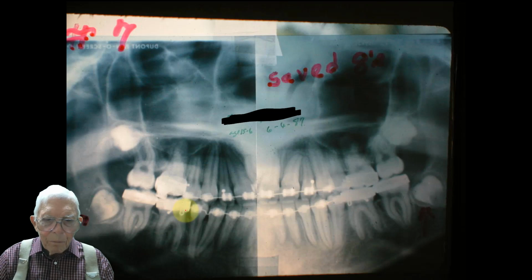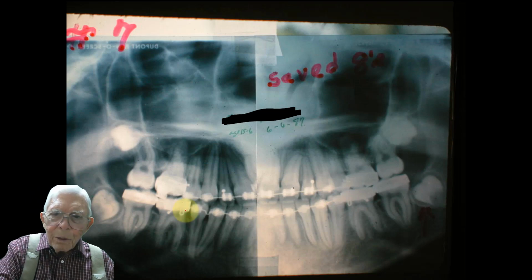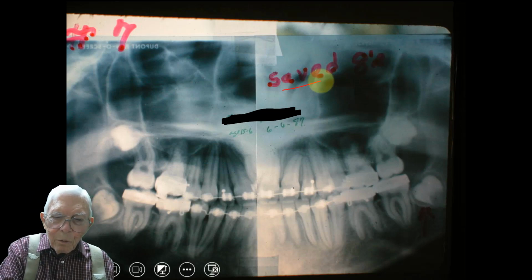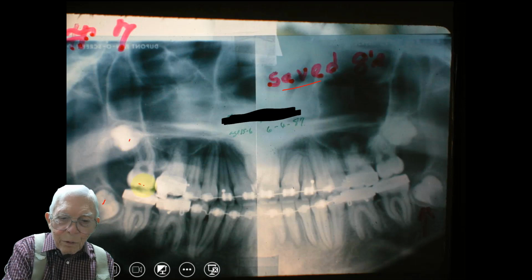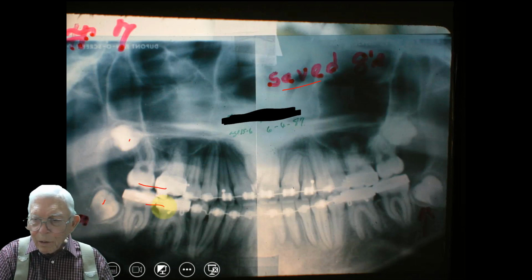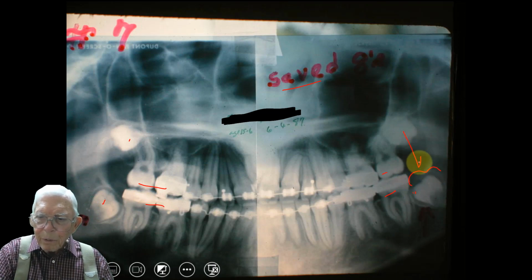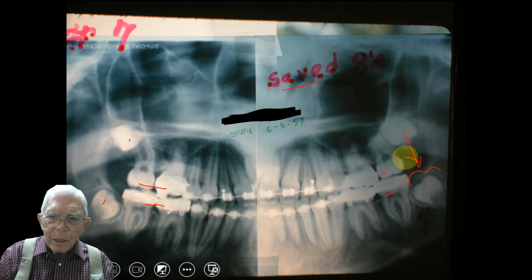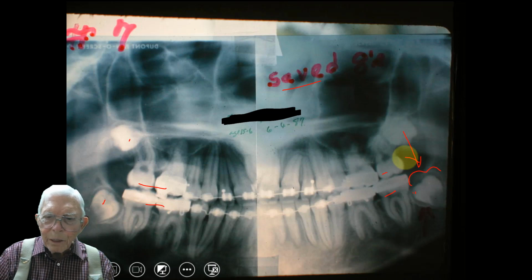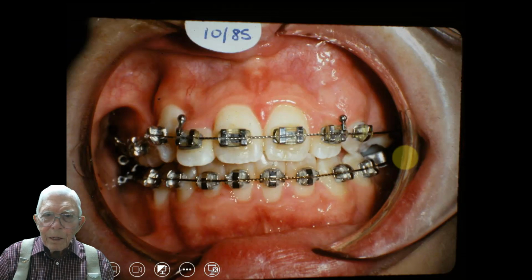But I think we saved them on one side, but I don't think you could make room enough to get this in over here, even though we moved everything forward. We moved it forward here, and this one, probably we got that in, and the upper one would come in okay. But I don't have any pediatrics past 1987.